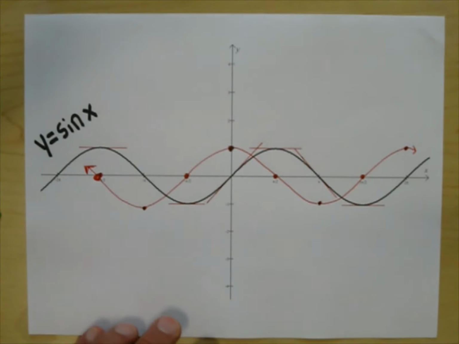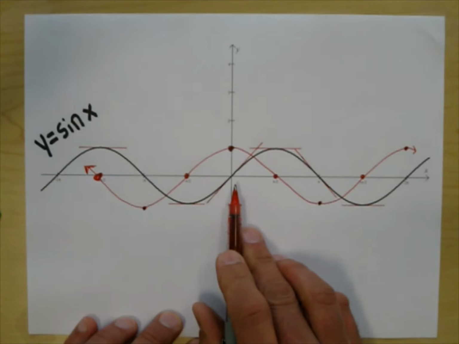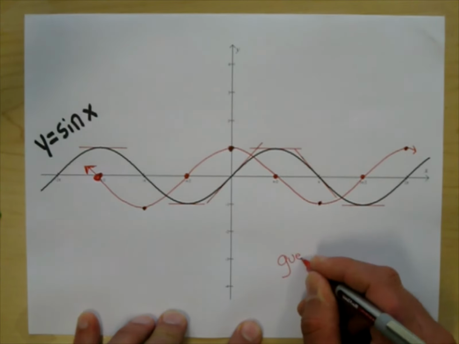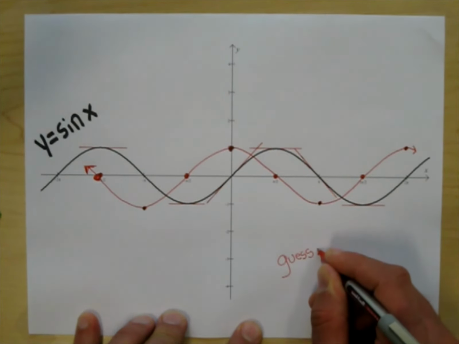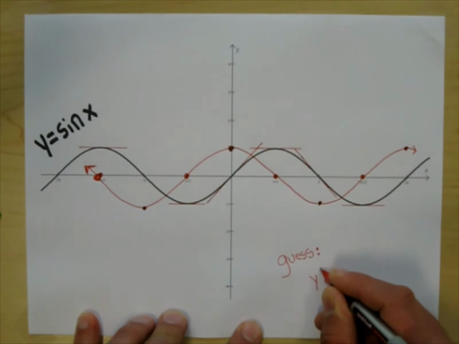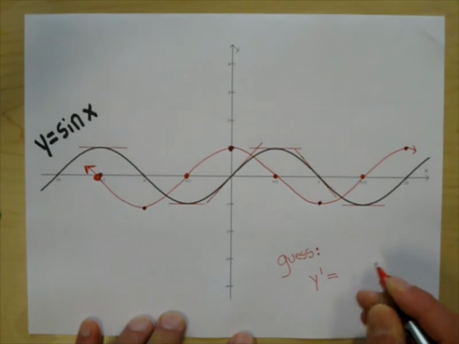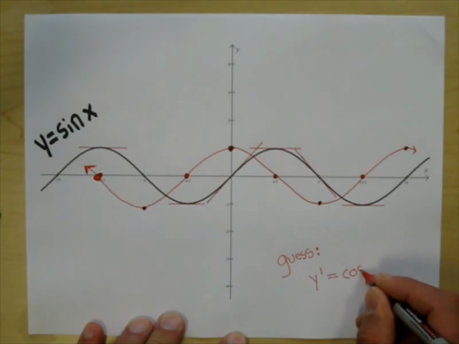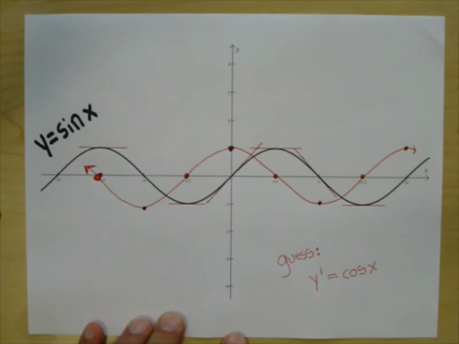Look at that. That red graph looks like a trig graph itself. So our guess, and we're just guessing here, is that y prime equals what looks like cosine x. So it could be the case that the derivative of sine is the cosine.